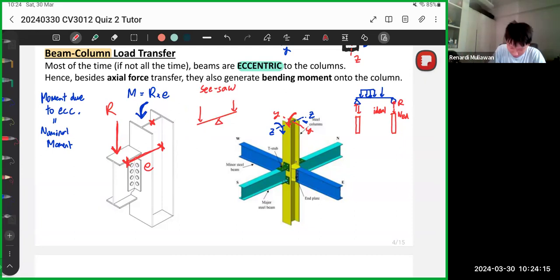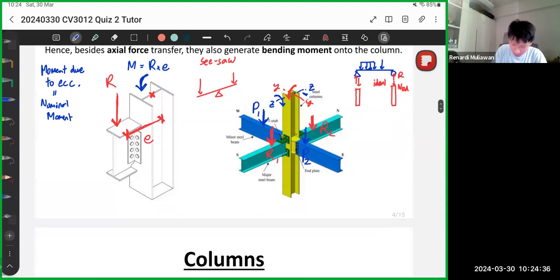So for example, let's imagine this is R1 and this one is R2. Then for the ZZ one, let's use another letter. Let's say this is P1 and this one is P2.